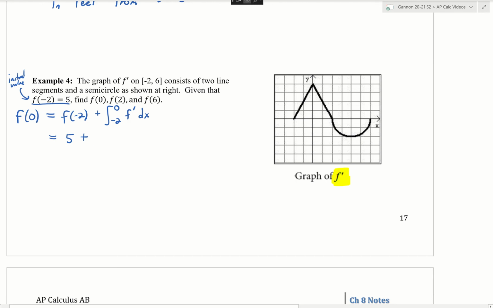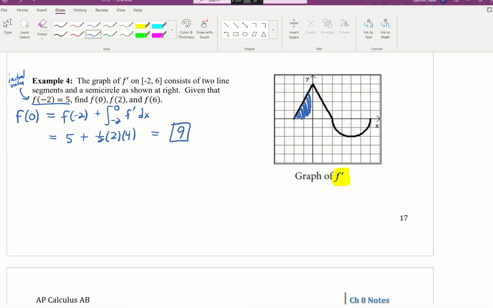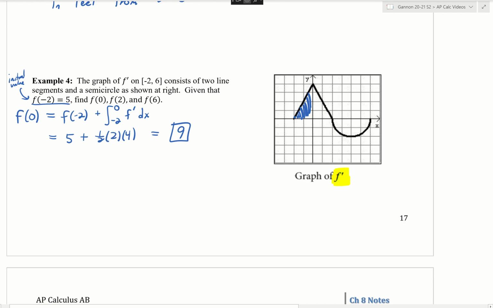The way that we're going to go about calculating the integral from -2 to 0 is we're going to use the graph, and we're going to calculate the area under the curve from -2 to 0. So that's that triangle right there, which is 1/2. The base is 2, and the height is 4. And we simplify that, we get 9. So that is one way to go ahead and find f of 0.